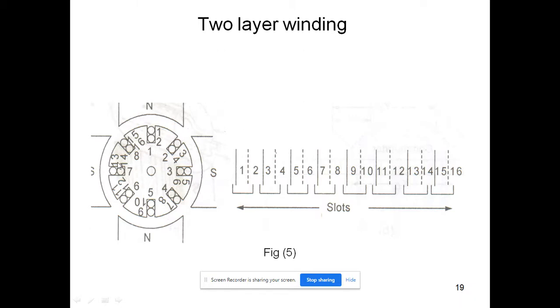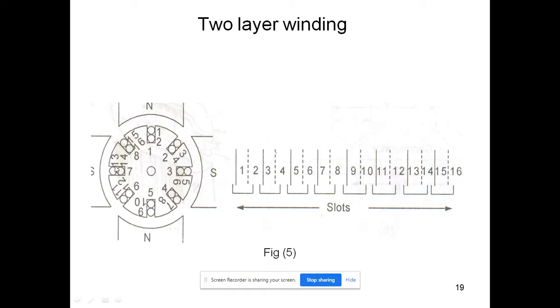In this way the armature and the poles will be placed in such a fashion. There are four poles, you can clearly see this: North Pole, South Pole, North Pole, South Pole.